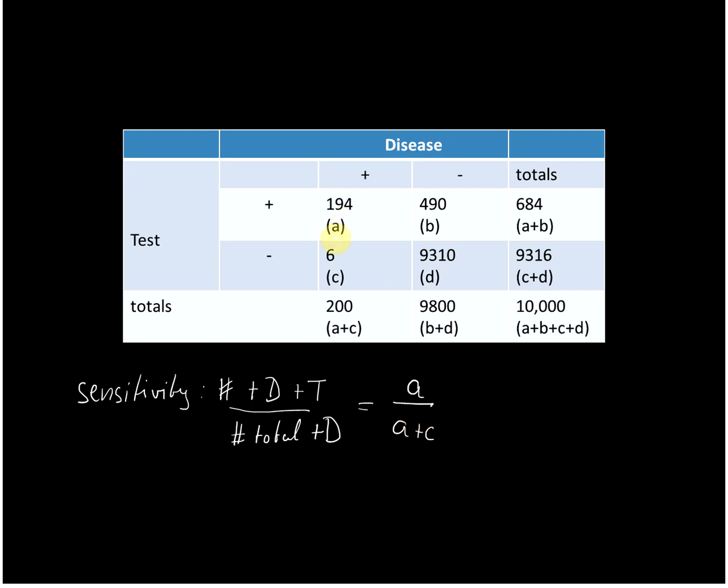So I labeled these different cells with A, B, C, and D. The sensitivity in this case is A divided by the total number of people with disease. So in this case, it would be those who test positive, 194 divided by 200, and this gives us 97%.